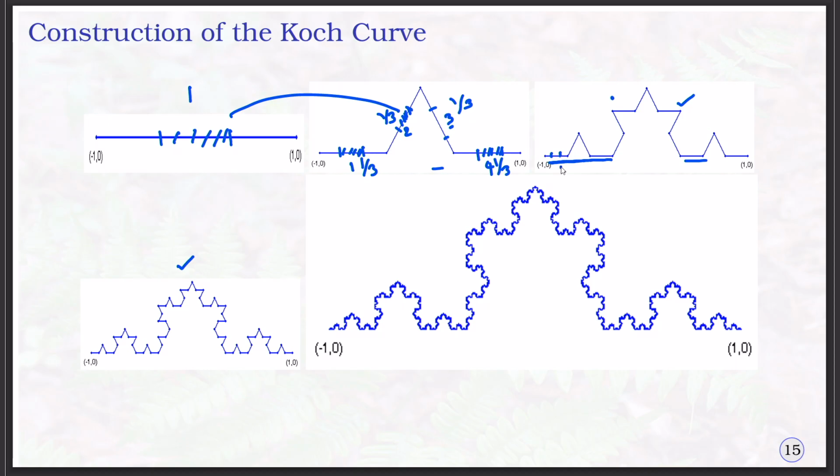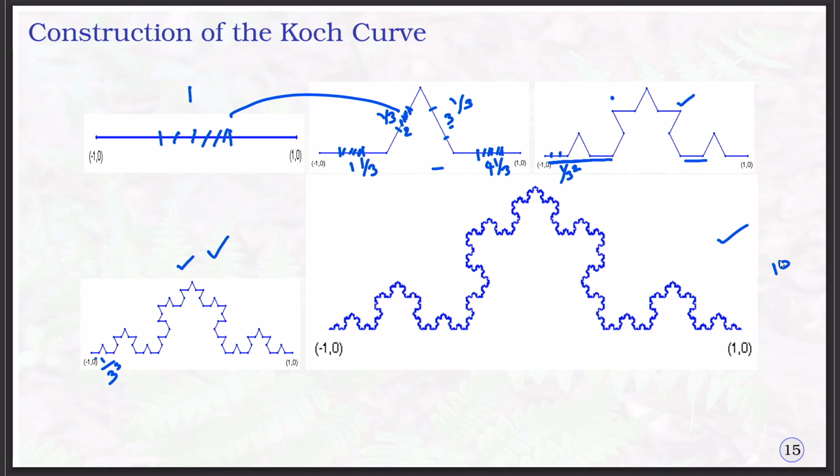Then this one becomes 1 by 3 power 2. Then this line segment is 1 by 3 power 3. So, after the third iteration, one can get this type of structure. This figure is generated after the 10th iteration. So, if you continue an infinite number of times, one can get the Van Koch curve.